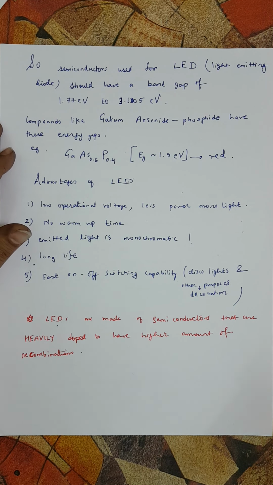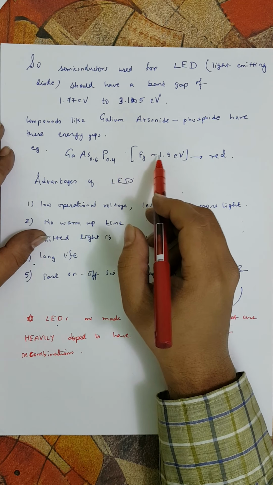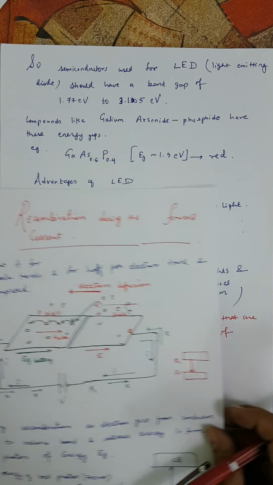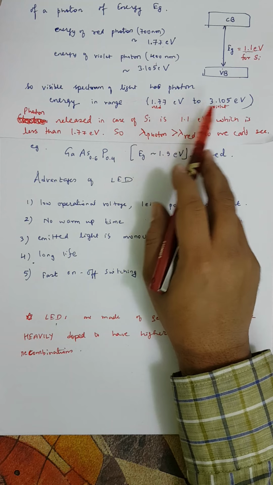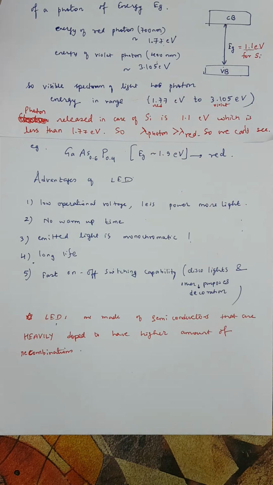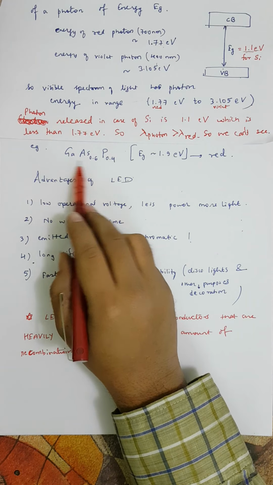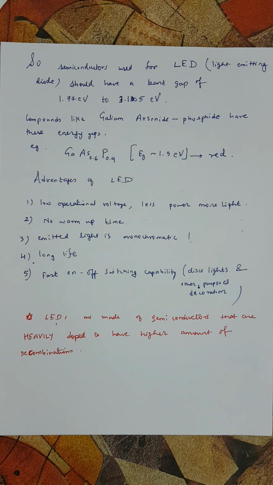This kind of semiconductor material has a band gap of the order of, for example, 1.9 electron volt. You see here, 1.9 falls exactly between 1.77 and 3.1, so it falls in the visible spectrum. And so when the electron recombines in a semiconductor made of this, we will see the light coming out. So red light.